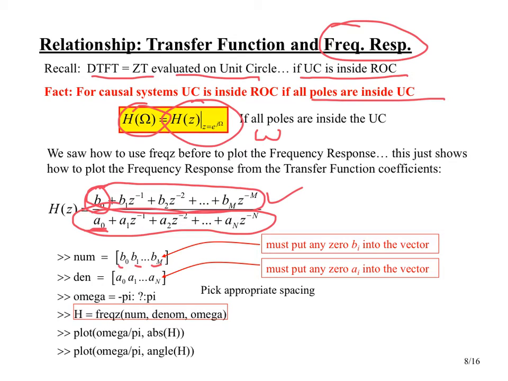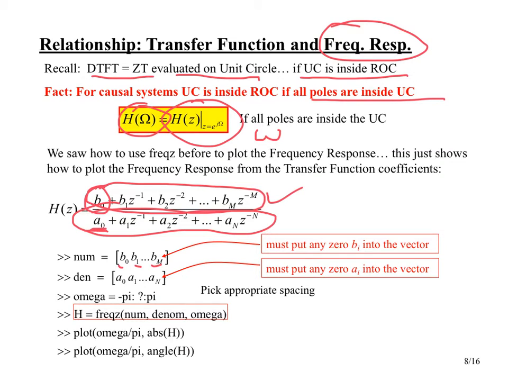But there are some other ways to use it, and if you type help freq_z, it'll spew out several different ways to use this. And that's the problem with the help in MATLAB: MATLAB is such a flexible structure for many of its commands that the help can often seem fairly intimidating.